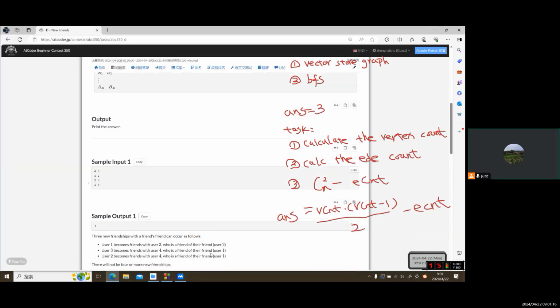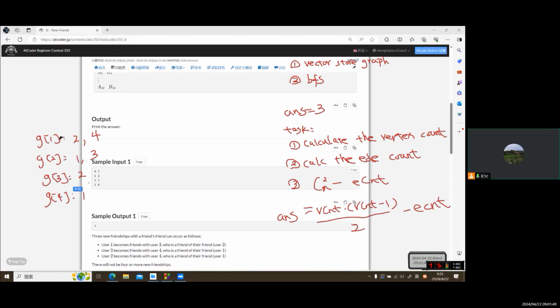In the first sample, G1, the first vertex has two neighbors, 2 and 4. And G2 has 1 and 3. 3 has one neighbor, that's the second vertex. And 4, the fourth vertex has only one neighbor.